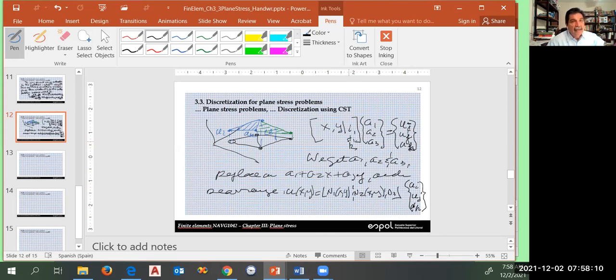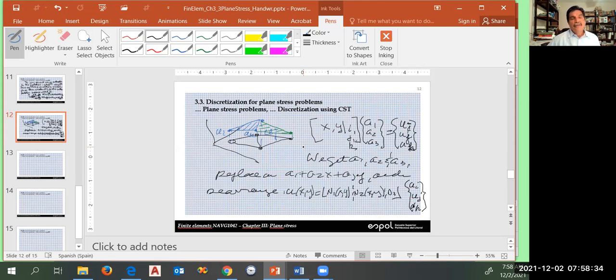We apply the interpolation function in every point. So we have 3 equations for 3 unknowns, A1, A2, A3. Because that's why we selected this polynomial, because we have 3 points. Okay? We can go on. As I said before, there are some authors who have developed more complex elements.